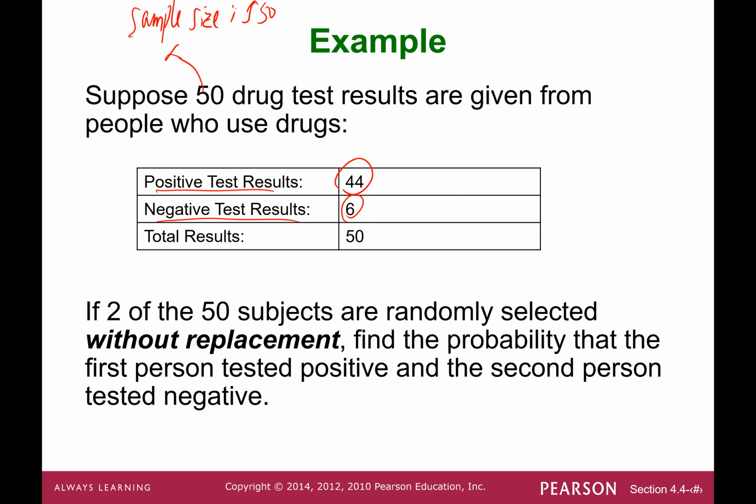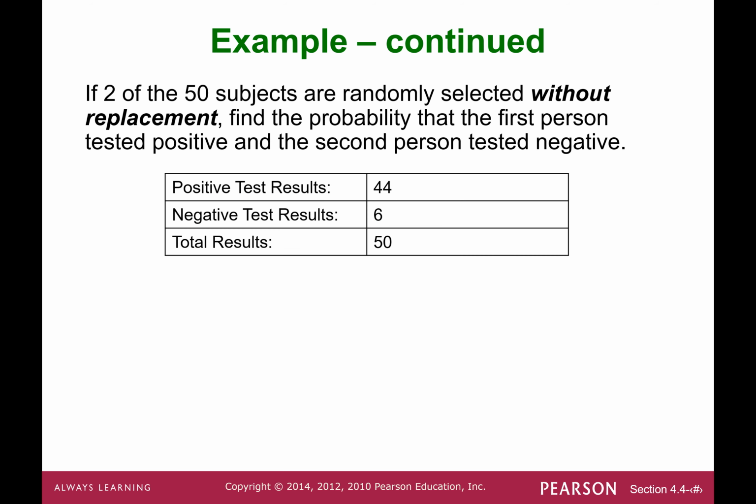If 2 of the 50 subjects are randomly selected without replacement, find the probability that the first person tested positive and the second person tested negative. Again, we're assuming they are independent.